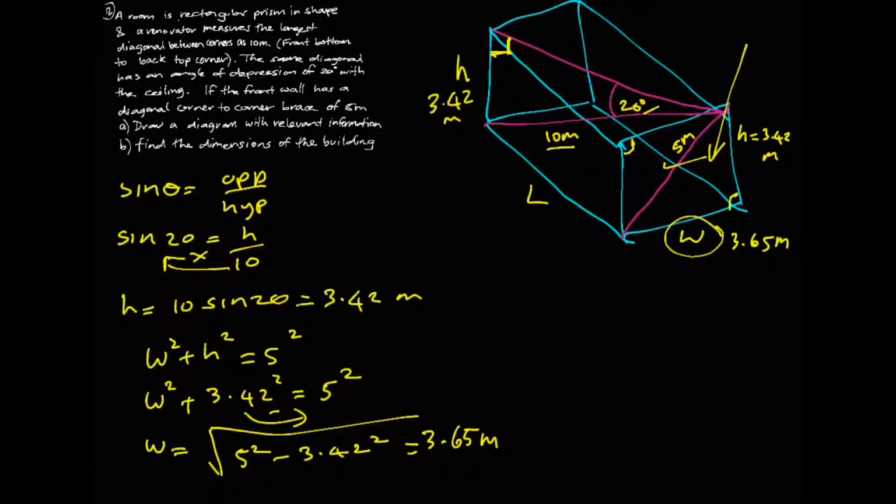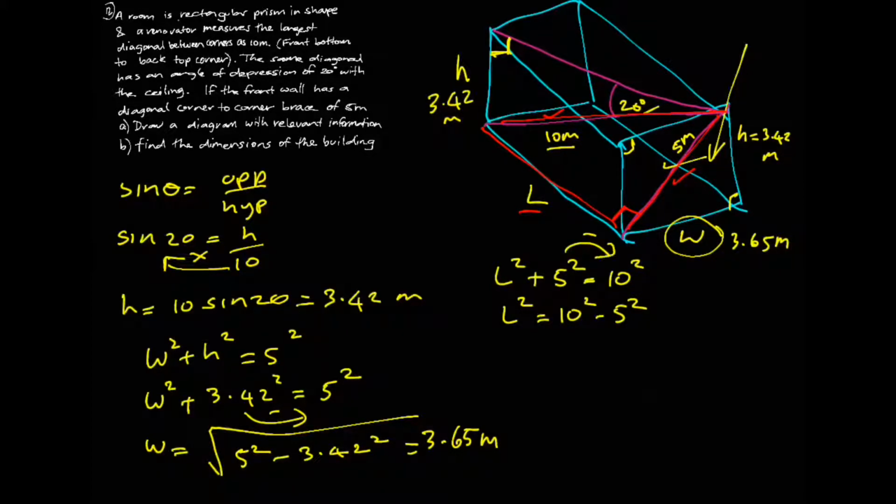So now we can also recognize we've got a right angled triangle here, where we know the 5 meter side, we know the 10 meter hypotenuse, and we need to find L. So it's a simple Pythagoras theorem. So L squared plus 5 squared equals 10 squared. L squared equals 10 squared minus 5 squared, because that comes over as a minus, which equals 100 minus 25, which is 75.